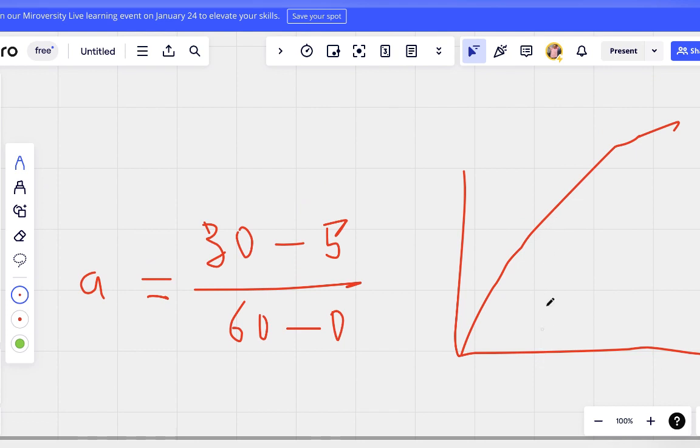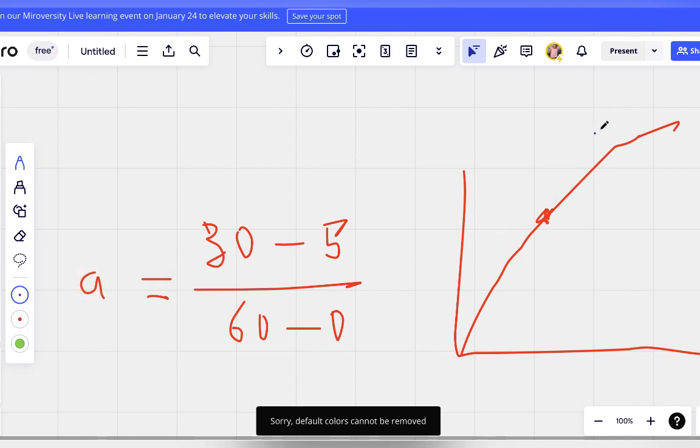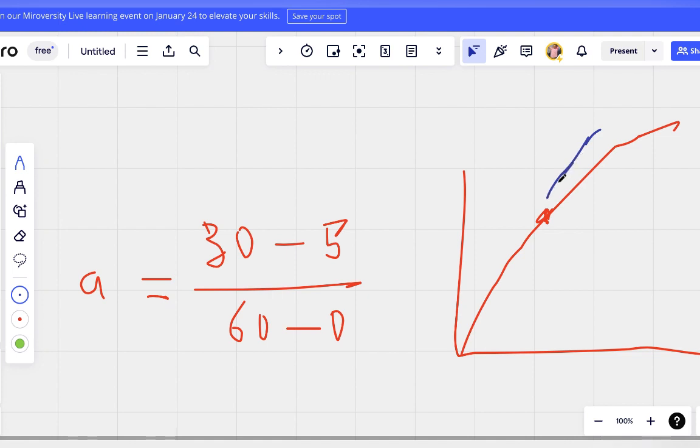So at point 30, you must locate that point, and then draw a straight tangent line that passes through that point.